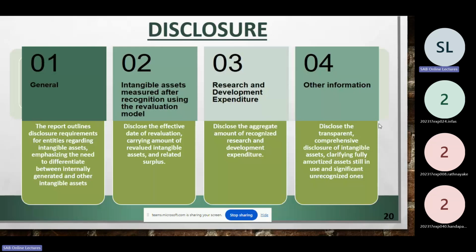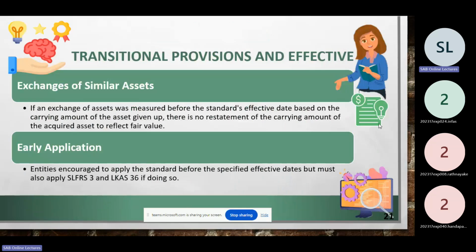This slide is about the transition from the standard and the effective date. The standard mainly highlights two topics in this area. First one is exchange of assets and second one is early application.